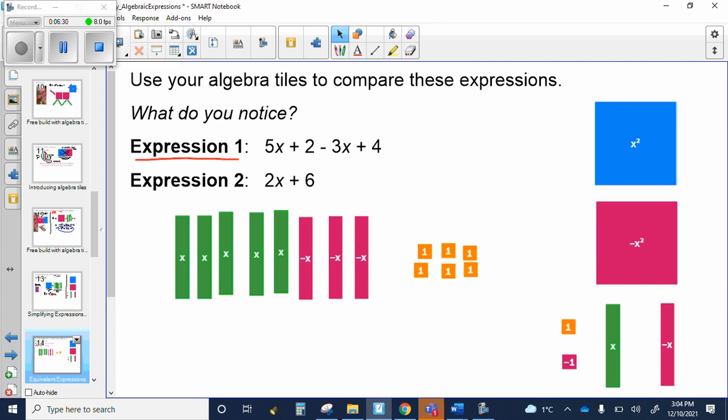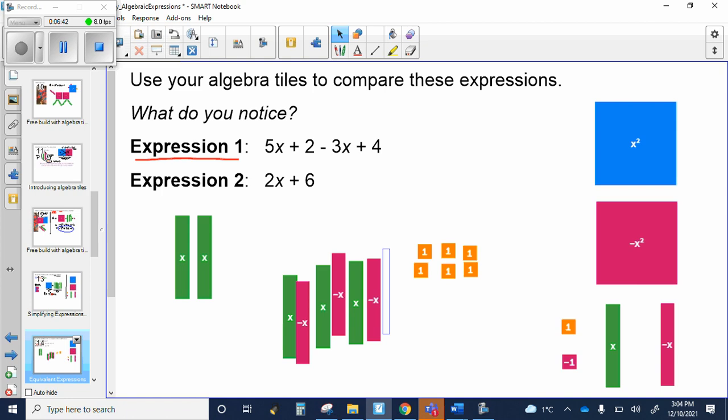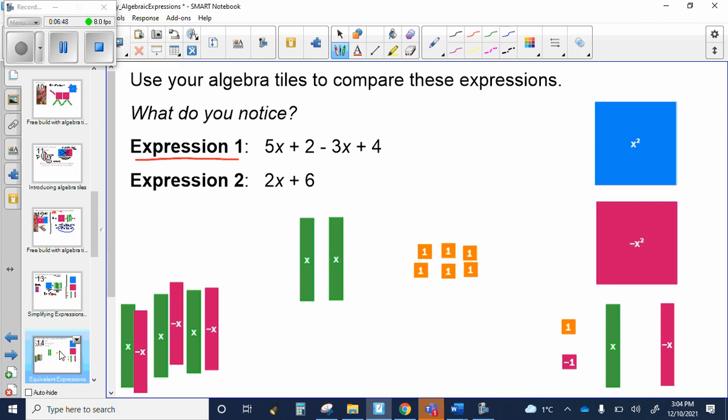So we have these 2 groupings, and I'm going to look for 0 pairs. Here's one, here is another, and here's another. So these are our zeros. We'll move them off to the side and throw those 0 pairs in the 0 bin.